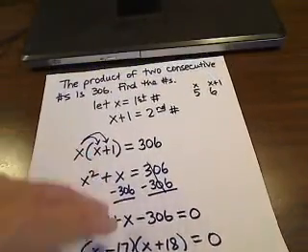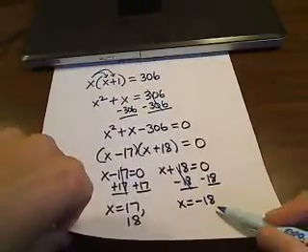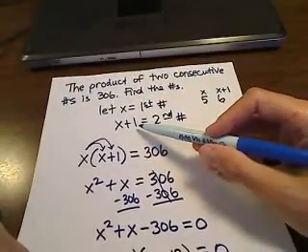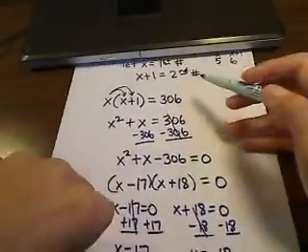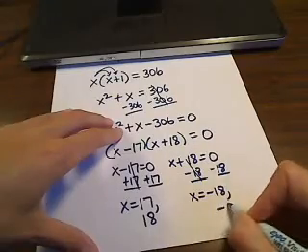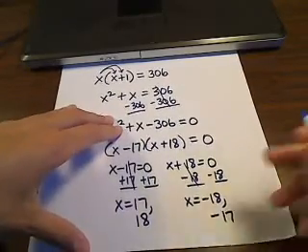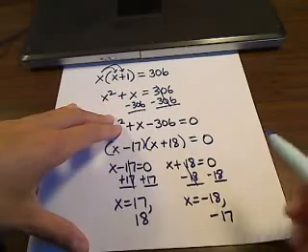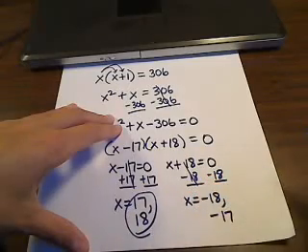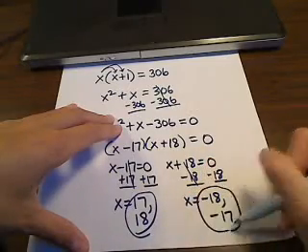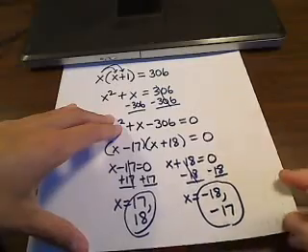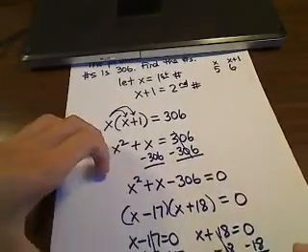With the negative 18, if I plug that in up here and add 1, I get negative 17. So the number that goes with that is negative 17. So you actually have two solution sets here: positive 17 and 18, and negative 17 and 18. Okay, so that would be that word problem.